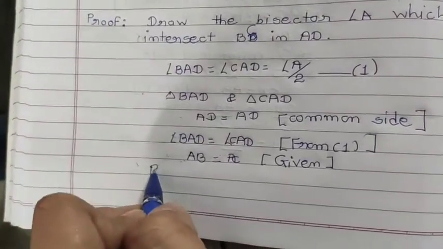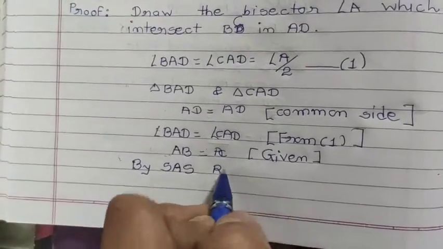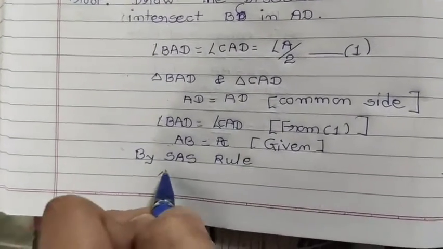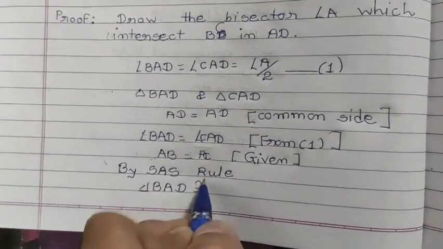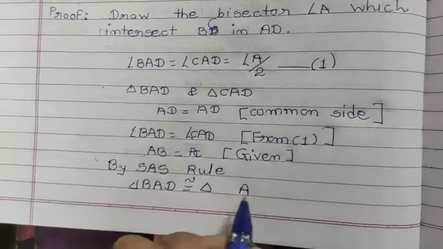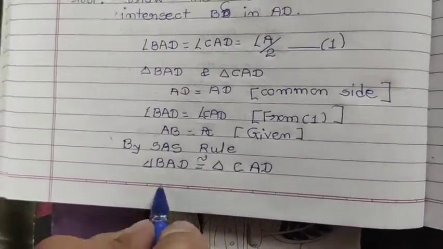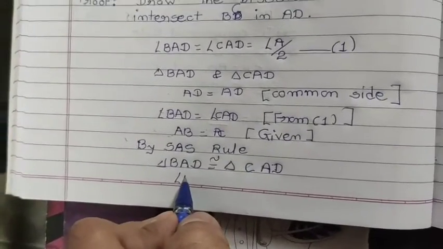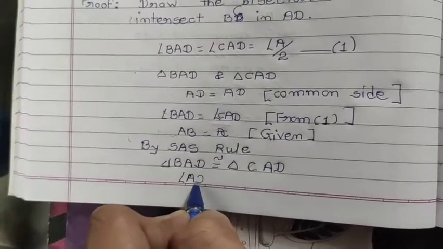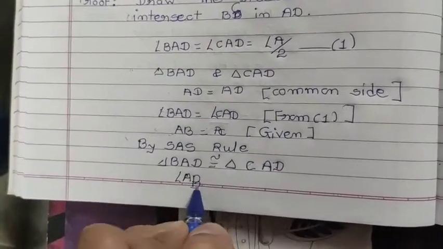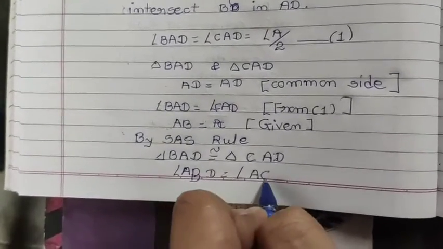So by SAS rule we can definitely write triangle BAD is congruent to triangle CAD, with A as the center, D with D, and the remaining B with C. That means we can definitely write angle ABD is equal to angle ACD.